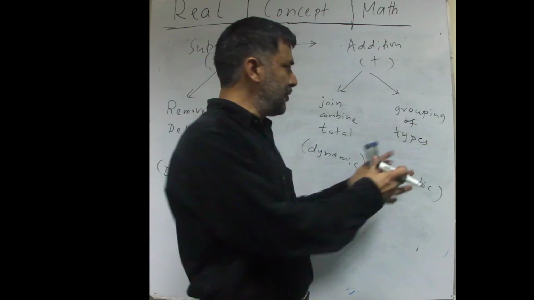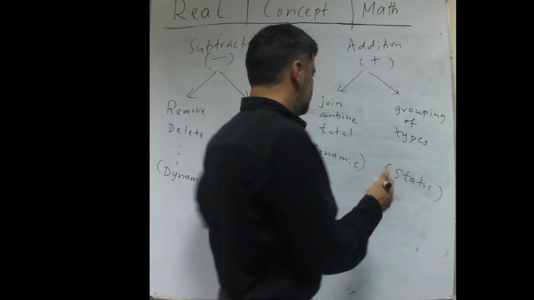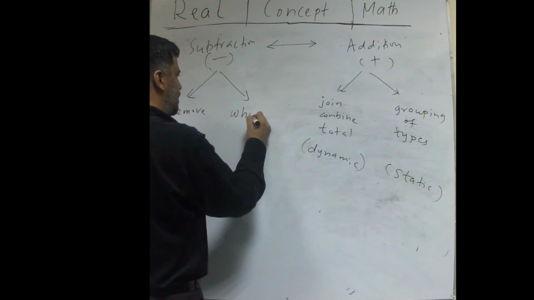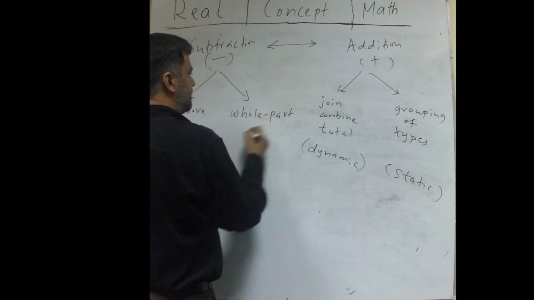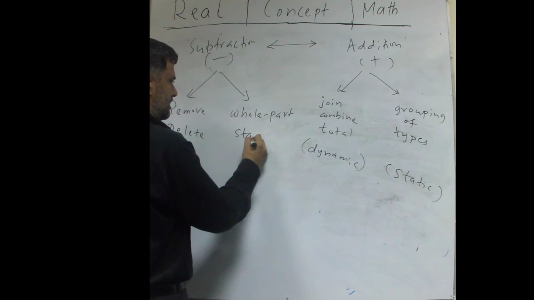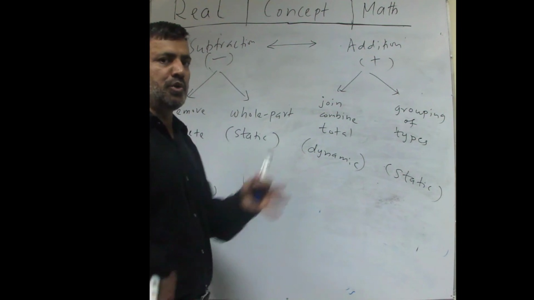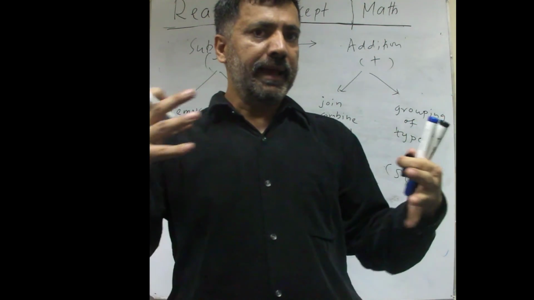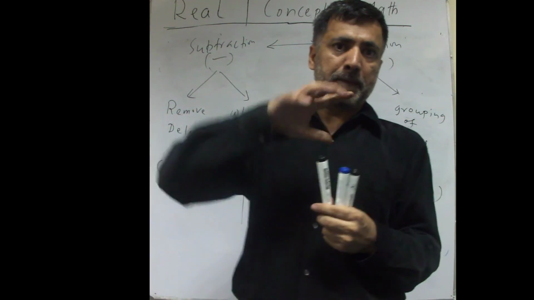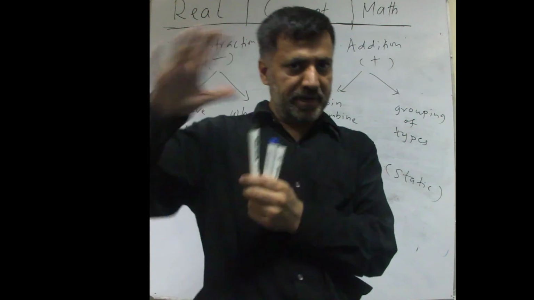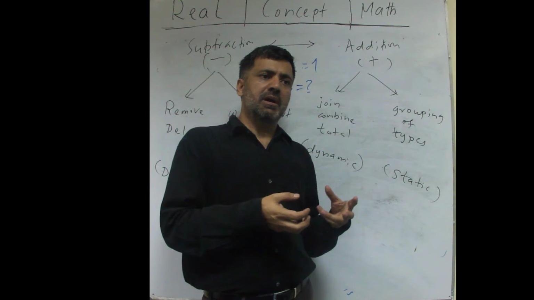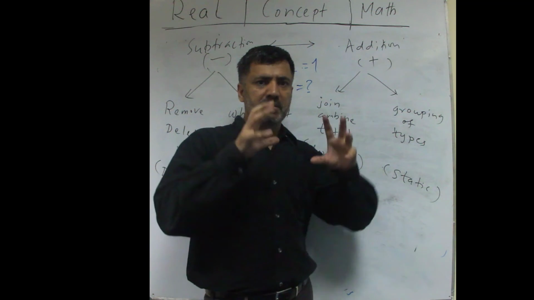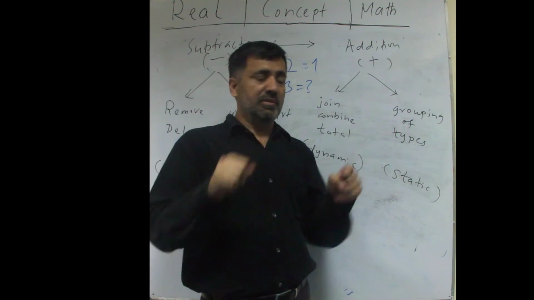Similarly, if you are undoing the grouping, you have a whole, and that will be called the whole-part interpretation, and that is the static interpretation. You are given the size of a whole as well as the size of a part of it, because it is of one type, and you are asked to find the size of the other part.